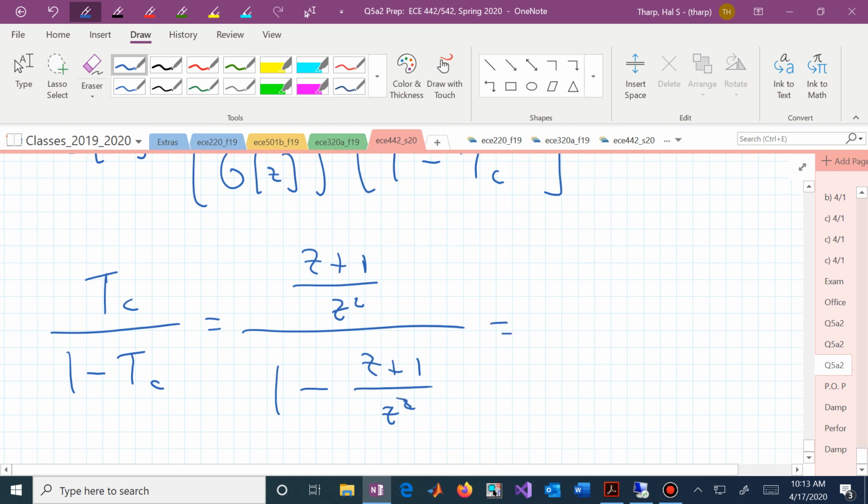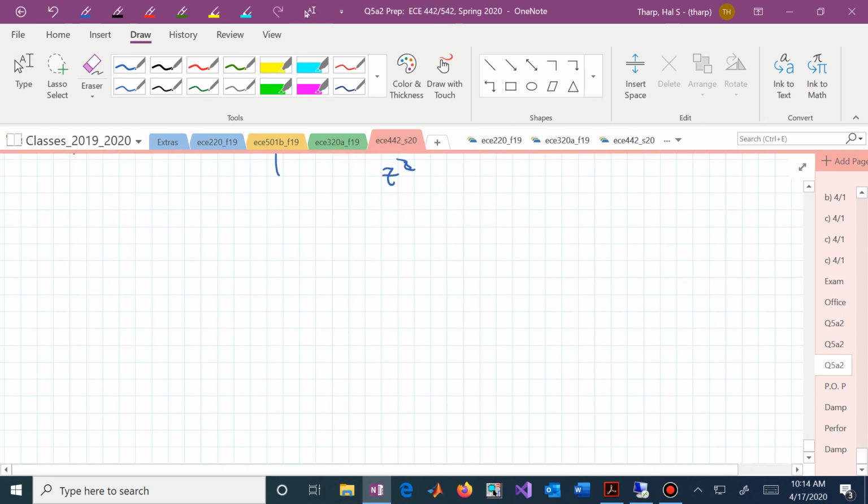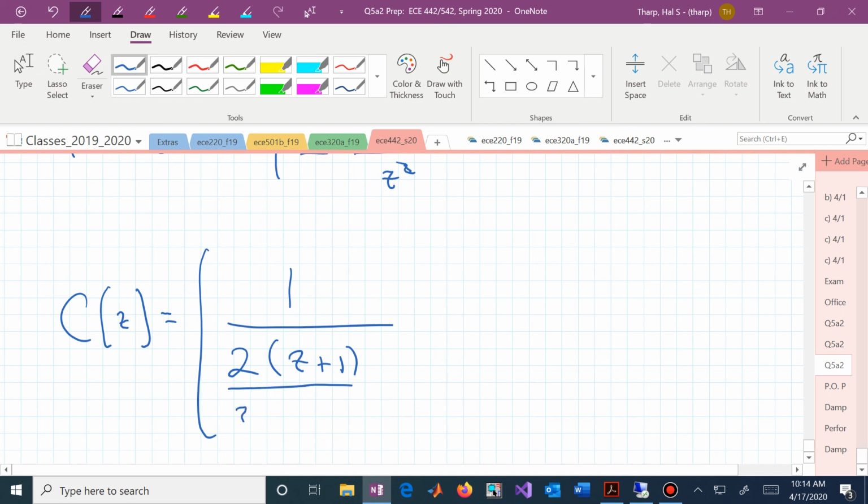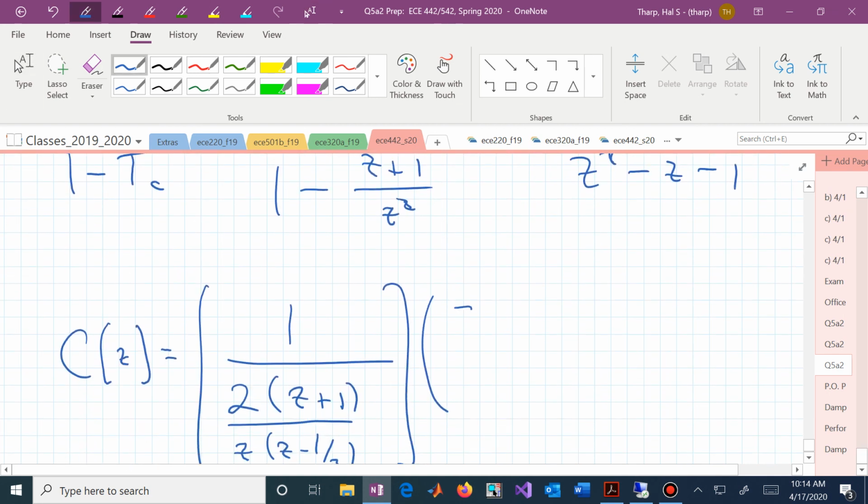And if you put that over a common denominator, you end up with z squared minus z minus 1 and z plus 1 upstairs. We now have what we need. Now we plug in g of z and multiply that with what we just found.